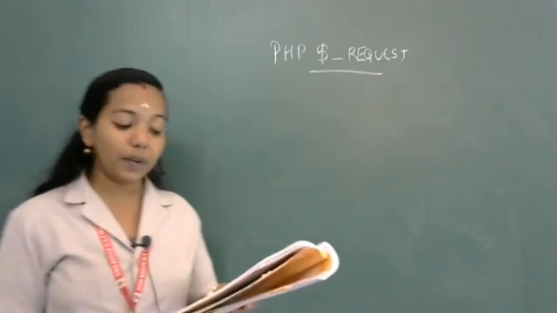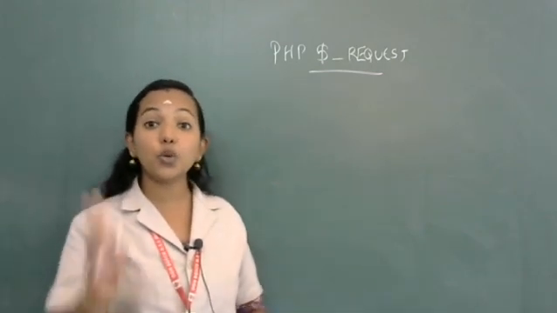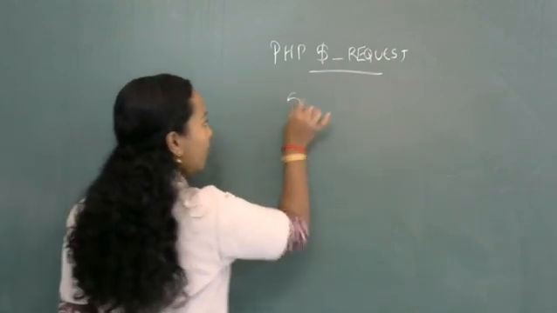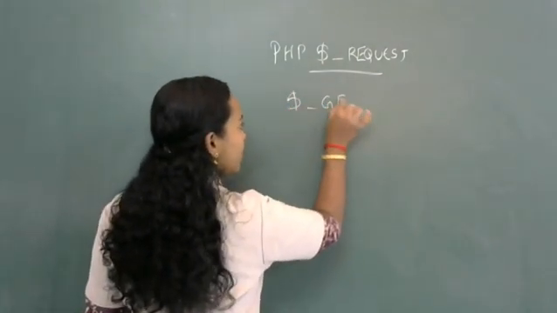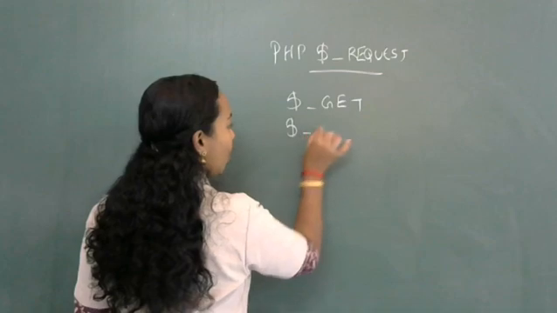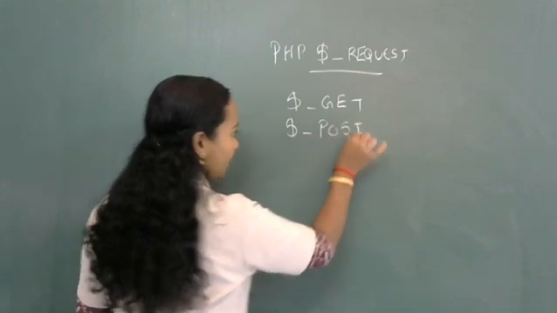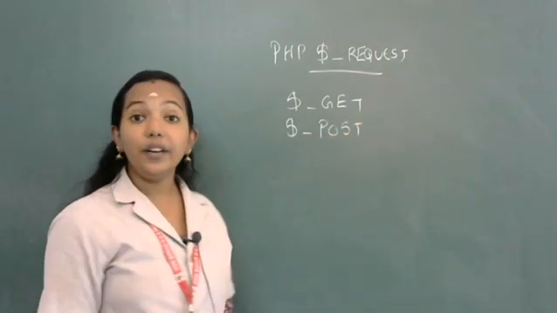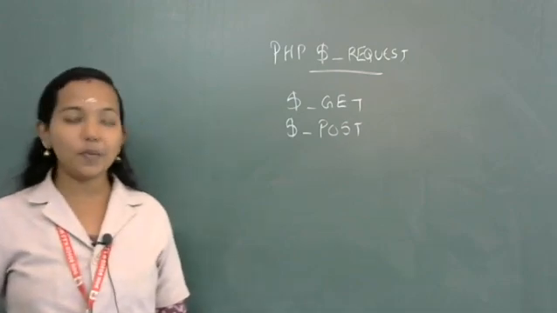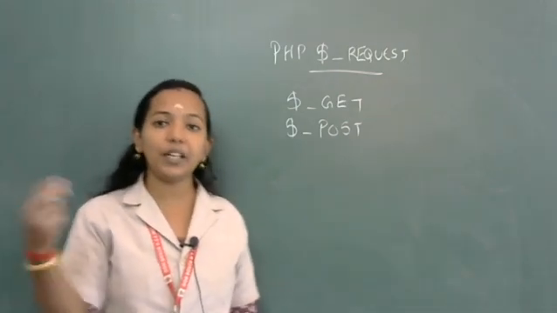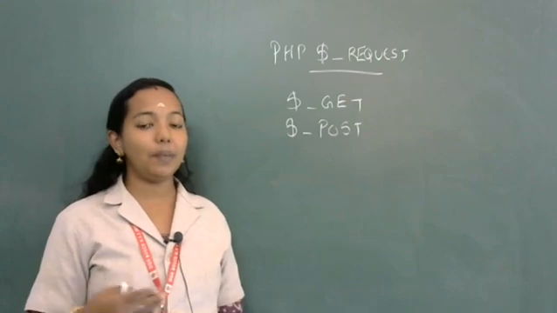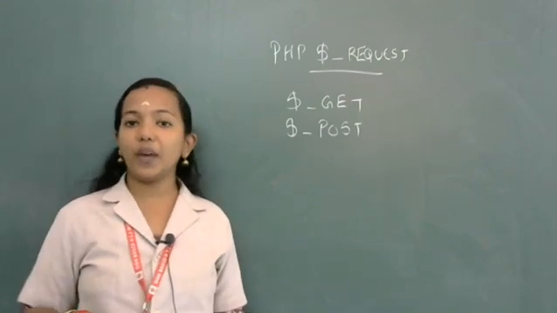Here, this is a super global array that contains two contents, $_GET and $_POST. So PHP $_REQUEST: request means we are transferring an HTTP request. We are sending one web page or requesting a web page.